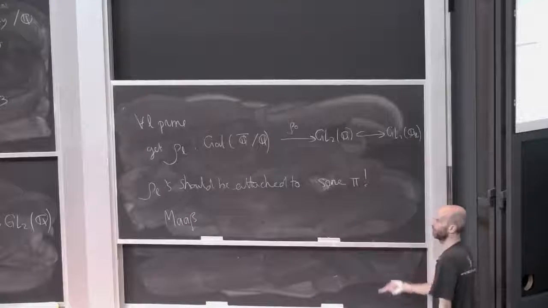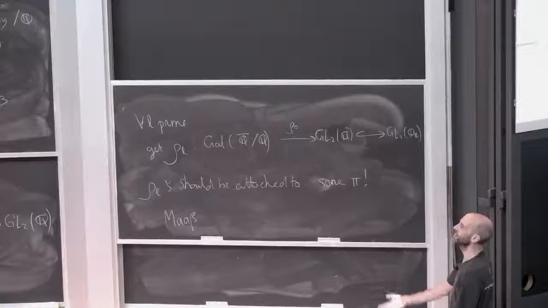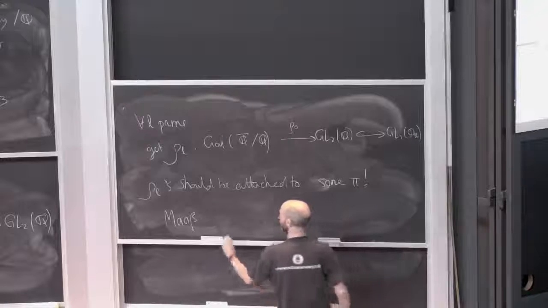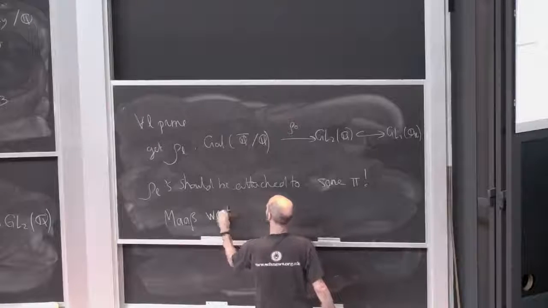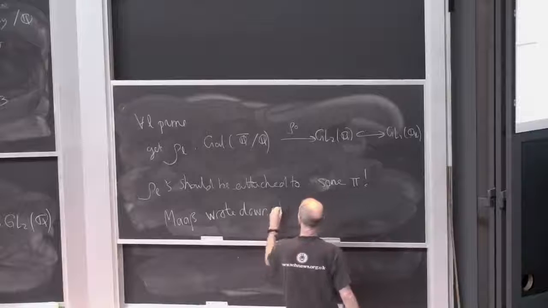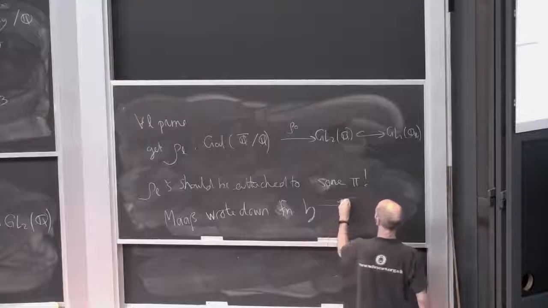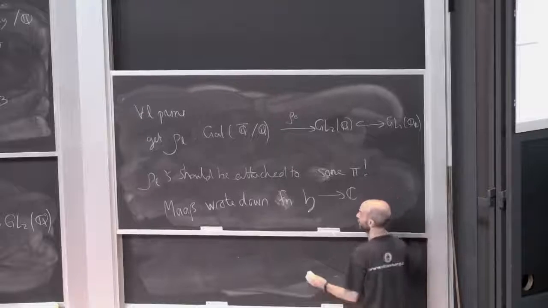He solved this problem by simply writing down a function on the upper half plane that gave rise to this rho l, right? He wrote down a function from the upper half plane to the complexes that was not holomorphic.